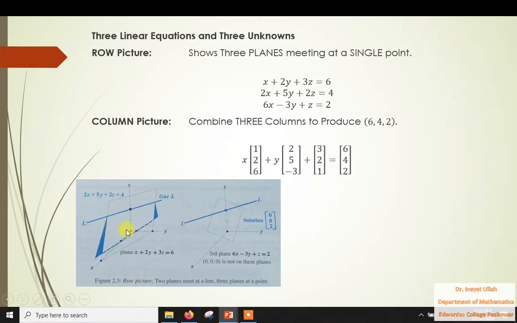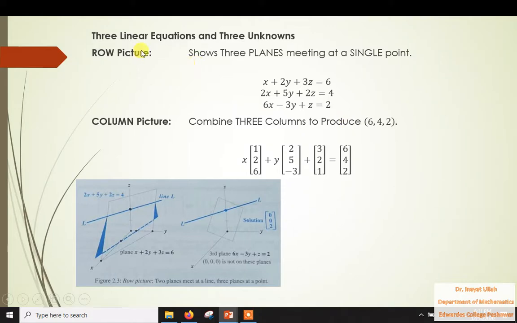I am repeating this sentence: two planes intersect at a single line, and a third plane will intersect that whole single line at a single point, so that single point is called the solution of these three planes.